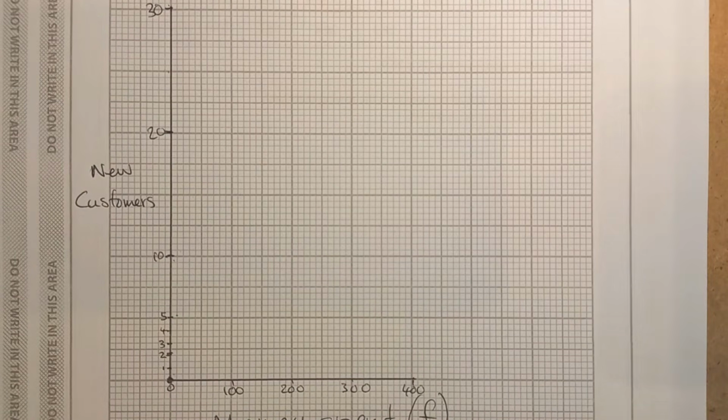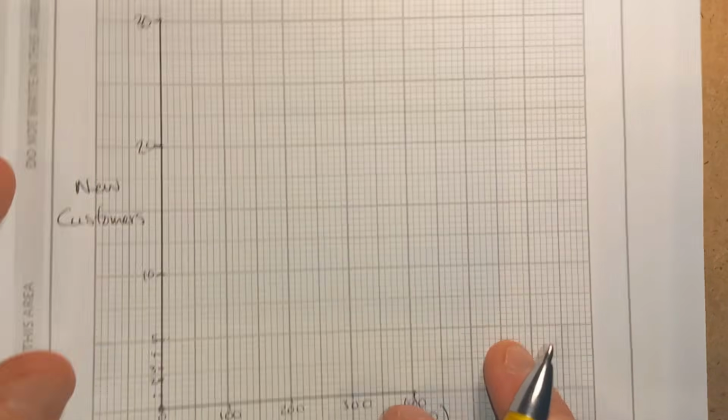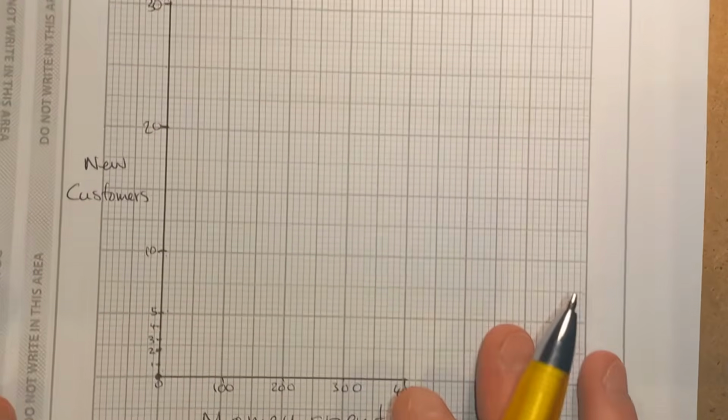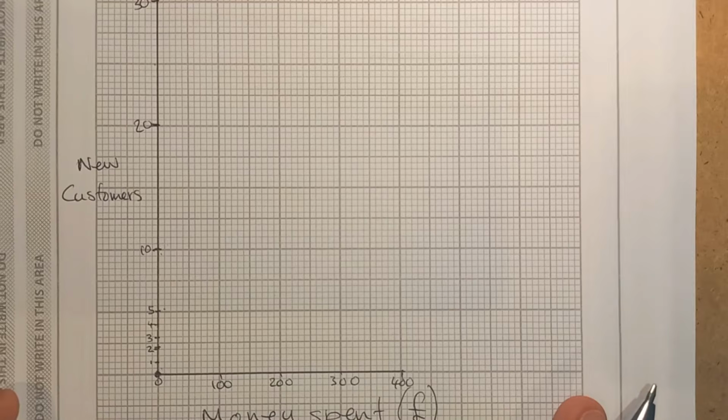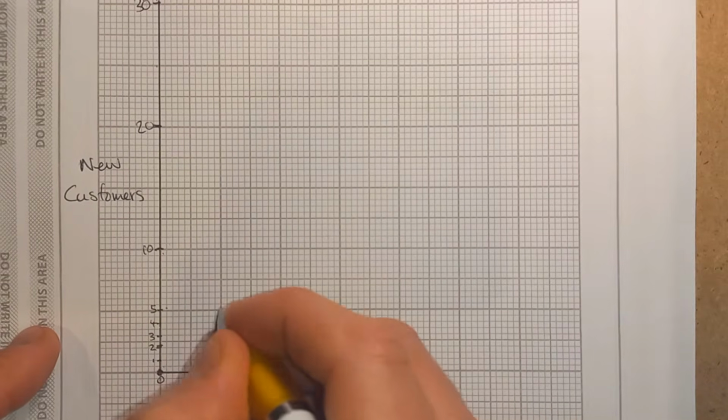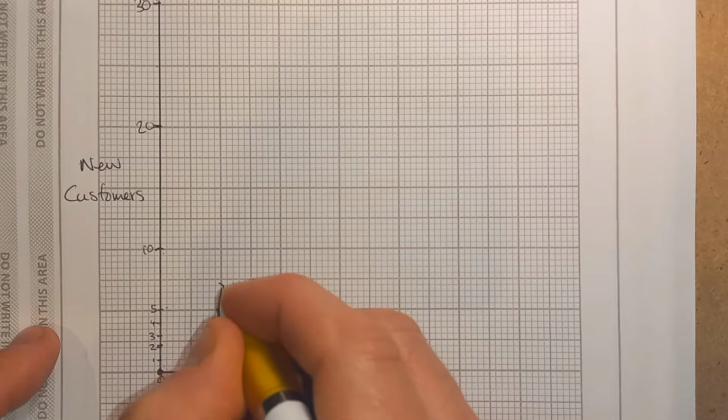So now we need to plot our values. The first one we've got for money spent is £100 and 7 new customers. So 100, well this is 5, 6, 7.